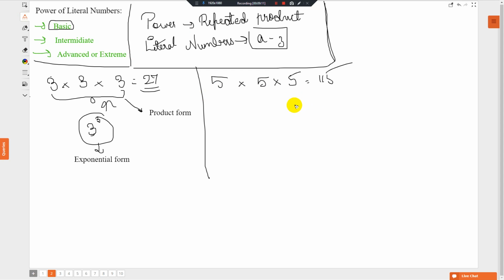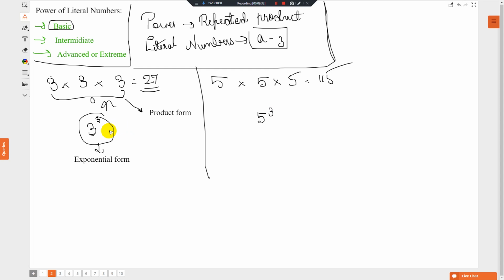But how to form it? Same as with 3, we are going to write only 5 in place of 3. So 5 is written here. And how many times is 5 repeated? 3 times. So we'll write 5 with 3 as the power.